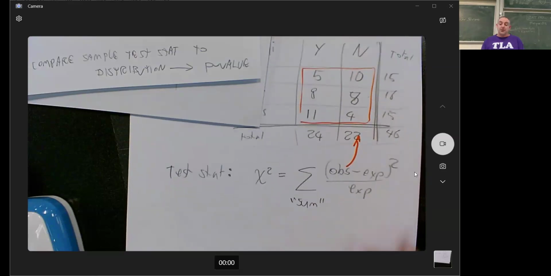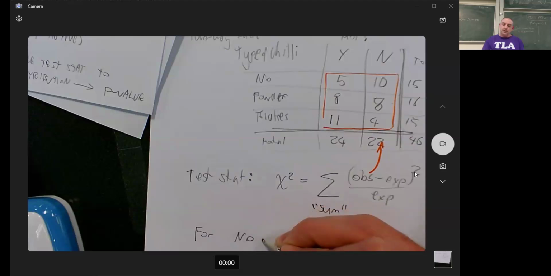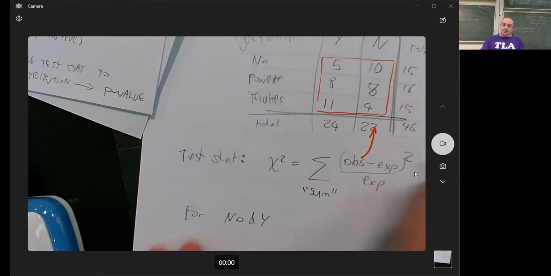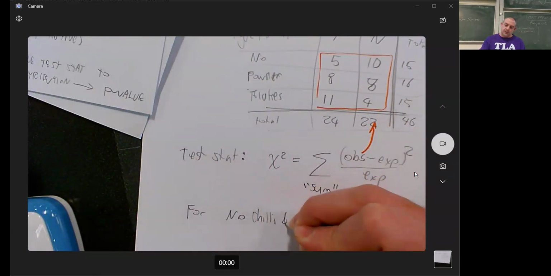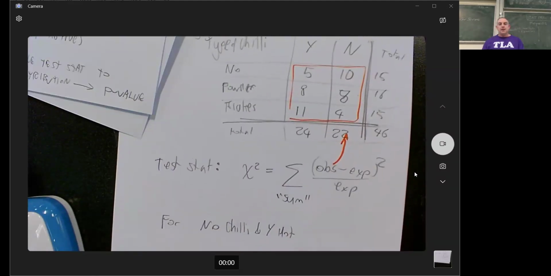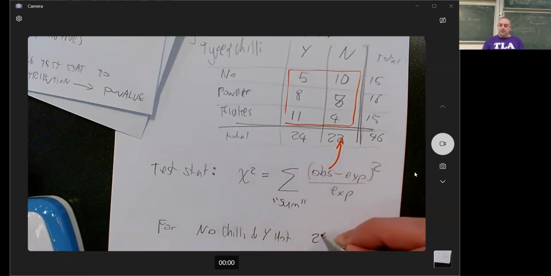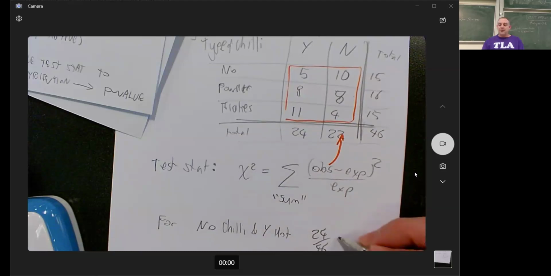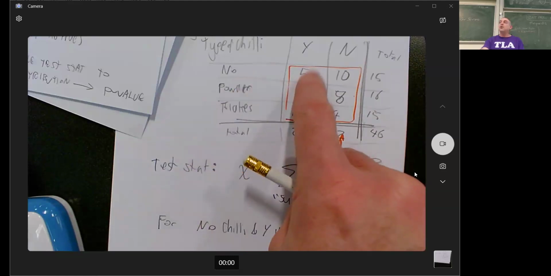And so you say, for example, for no chili and yes for hot, then all the yeses together is 24 out of 46. That fraction. And that fraction of the 15 is what I expect to be in this spot.